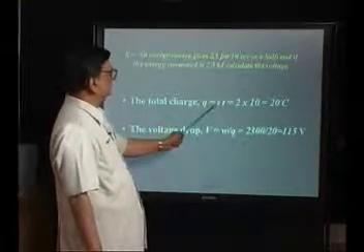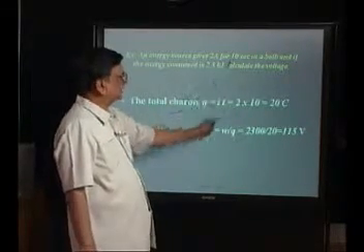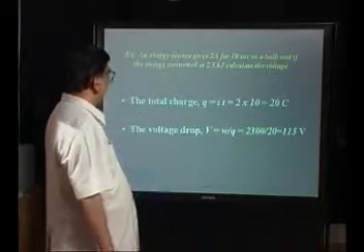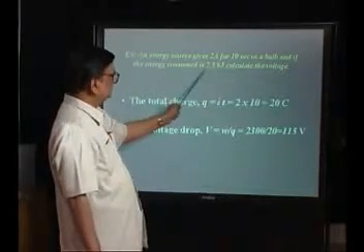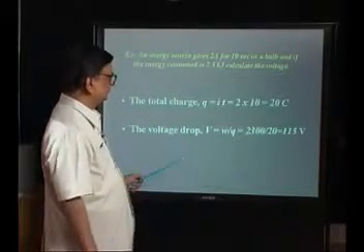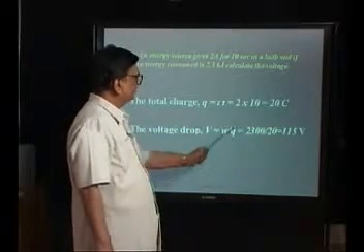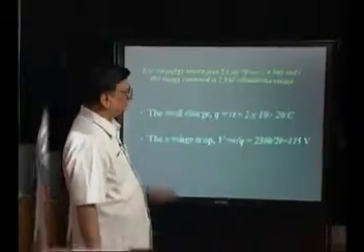Charge is current into time. Current is 2 amperes, time is 10 seconds, so we get 20 coulombs. The energy spent is 2.3 kilojoules, so voltage is 2300 divided by the charge 20, which is equal to 115 volts.